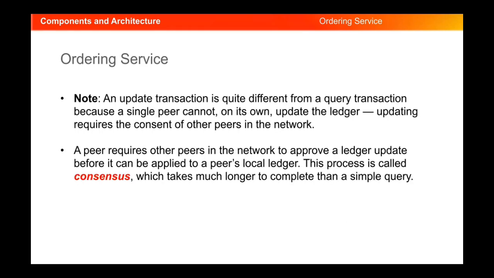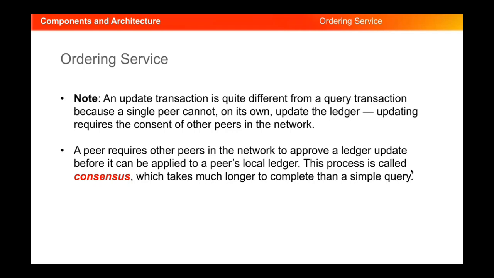Moving on. An update transaction is quite different from a query transaction because a single peer cannot on its own update the ledger. Updating requires the consent of other peers in the network. A peer requires other peers in the network to approve a ledger update before it can be applied to a peer's local ledger.